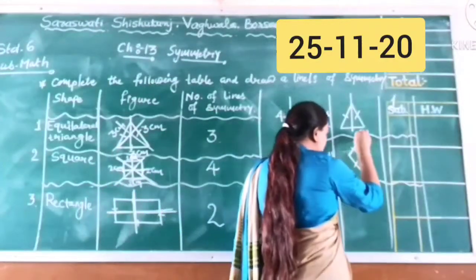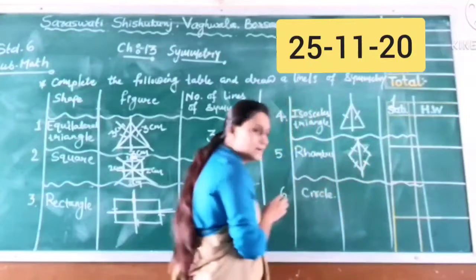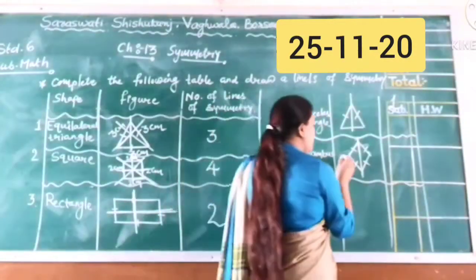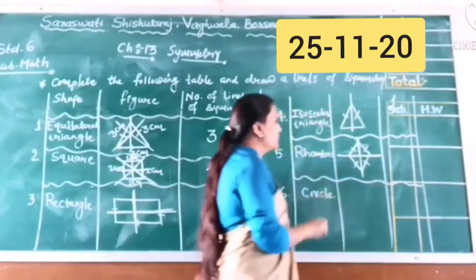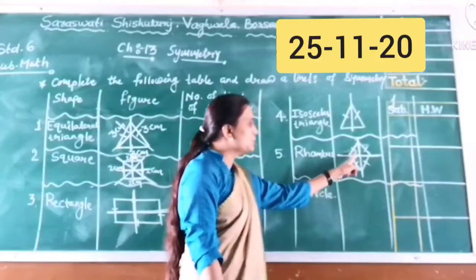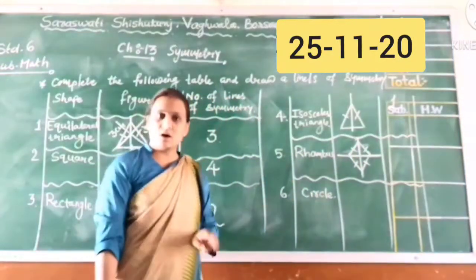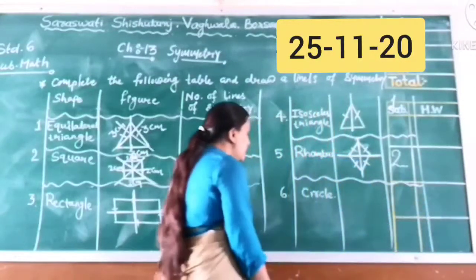If you are drawing it vertically, you can find these two parts are the same. So this is the first line of symmetry. Next, if you are drawing it horizontally, then after folding you can see that these two parts are the same. So in a rhombus, there are a total of 2 lines of symmetry.